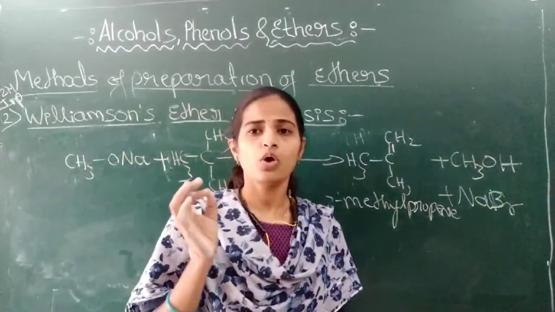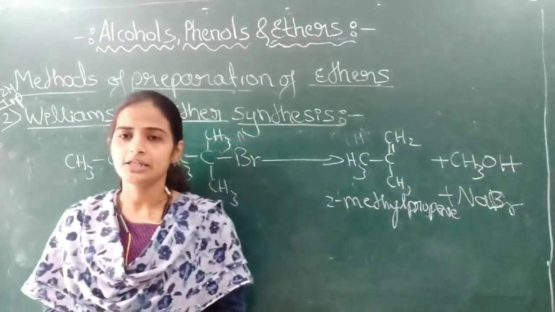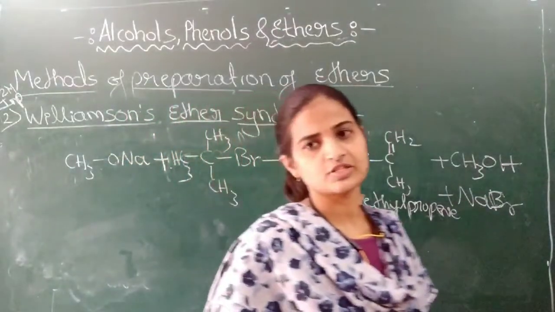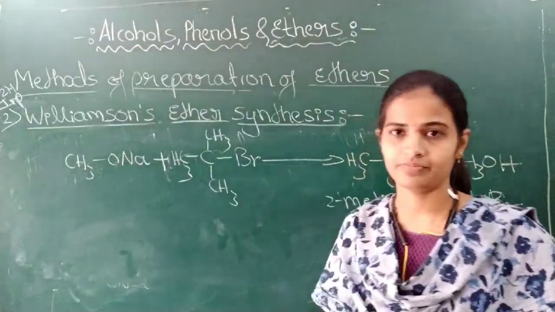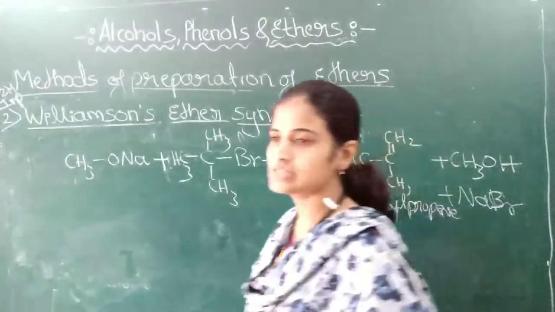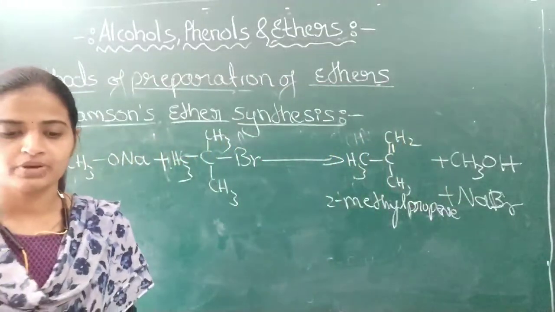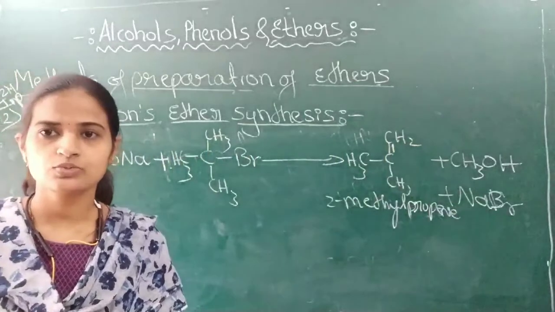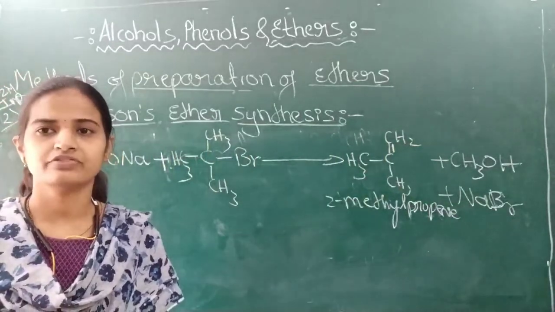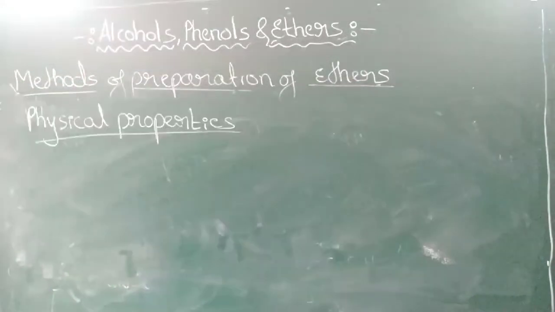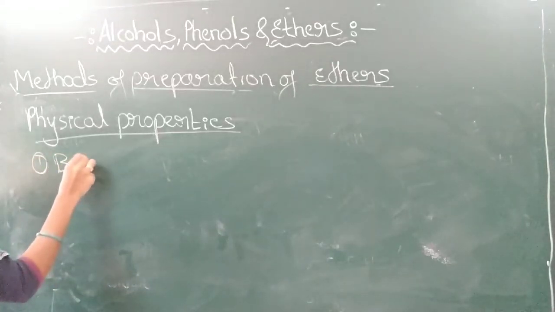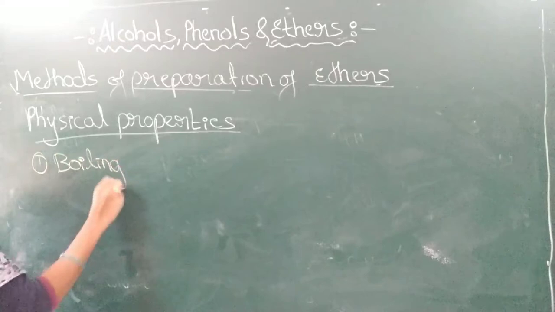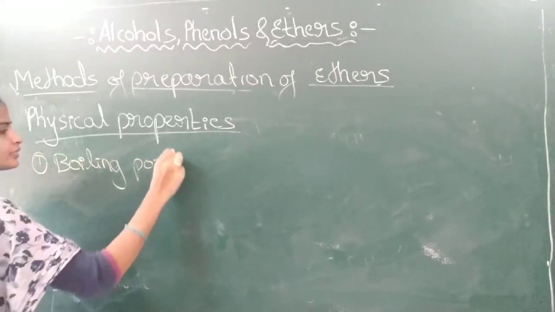So if you want to prepare the ether by the Williamson's ether synthesis method, we have to make use of the primary alkyl halide itself. Got it? Okay, this is about the methods of preparation of the ethers. Next we will go for the physical properties of the ethers. In the physical properties, first one is boiling point.